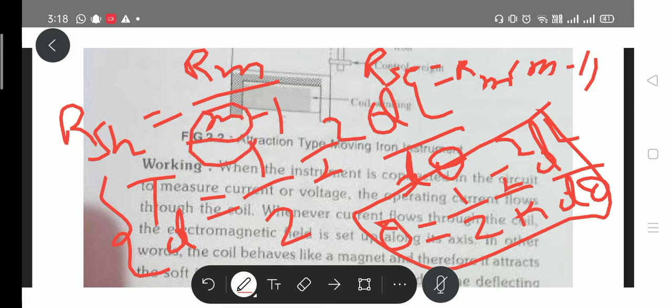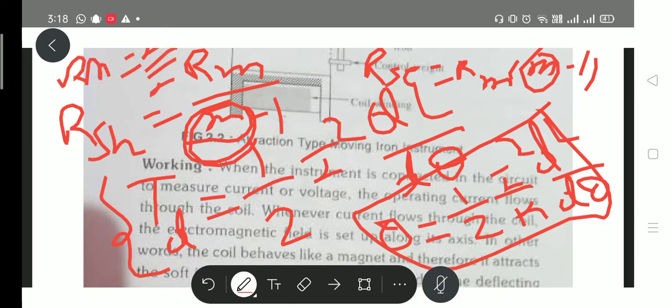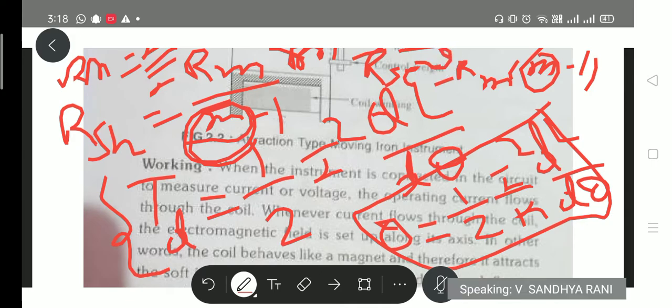In shunt meters, it is the current multiplier, and in series, the voltage multiplier. So m is equal to I by i, and here m is equal to capital V by small v, right? These formulas are very important in this second unit. Remember all of you.